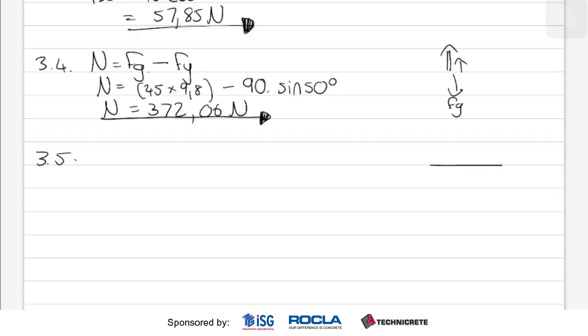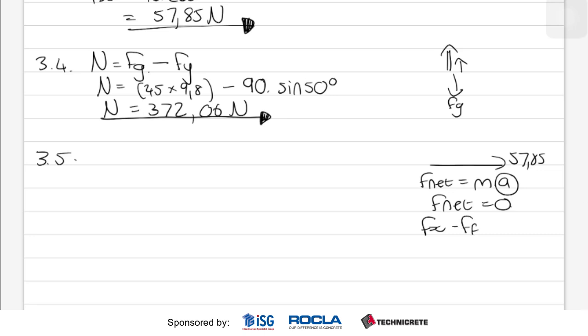What do we know? We have our x component saying 57,85 newtons to the right. And since our acceleration is 0, our F net is therefore 0, which means our applied force, our F of x, minus our friction should be 0, because that is our F net.